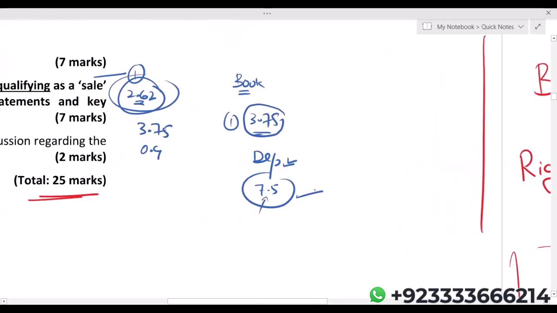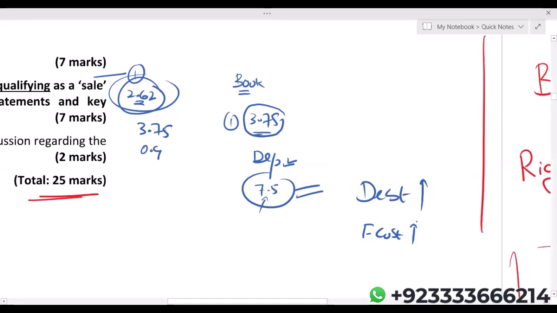When transfer is not qualifying as a sale, then entire 7.5 million is the financial liability, is the loan. Obviously, this will increase the debt in the financial statement. Plus, finance cost will be higher on 7.5 million as compared to the lease obligation, because lease obligation amount is lower than 7.5 million.